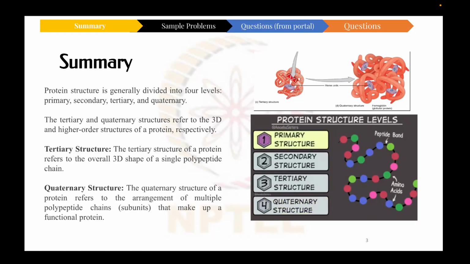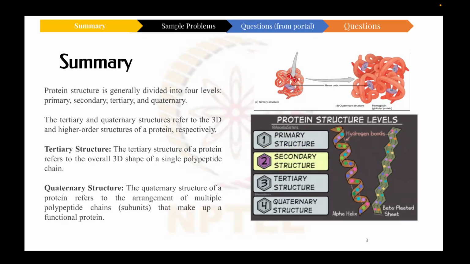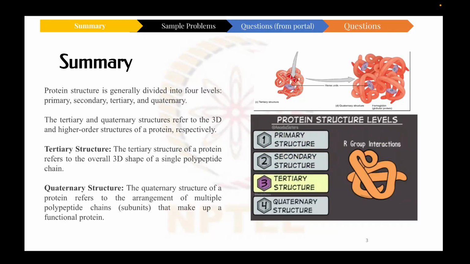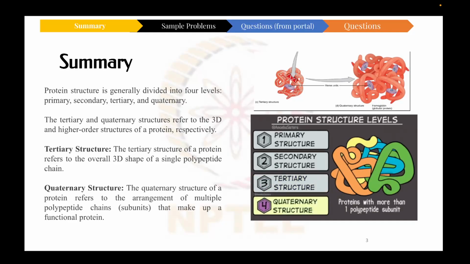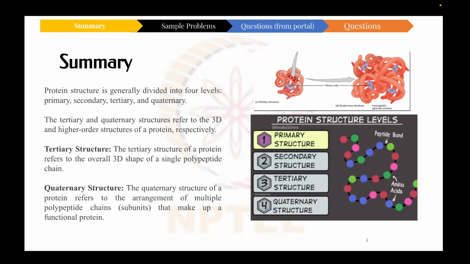This quaternary structure is mainly important for the function of many proteins, particularly enzymes and signaling molecules. For example, hemoglobin, which is responsible for carrying oxygen in the blood, consists of 4 subunits that are arranged in a specific way to allow oxygen to bind and release.